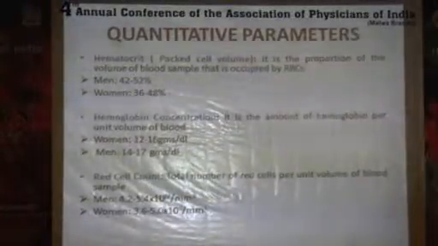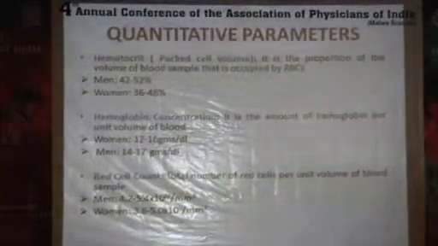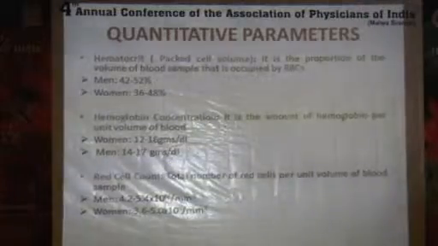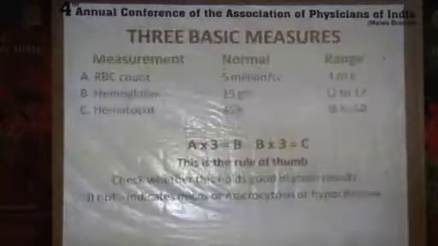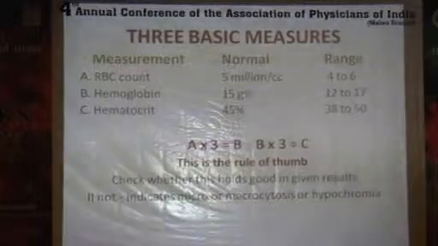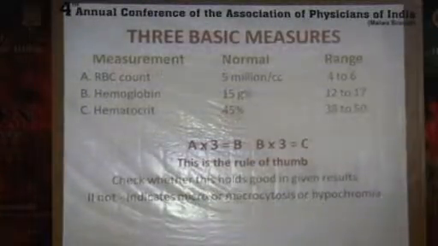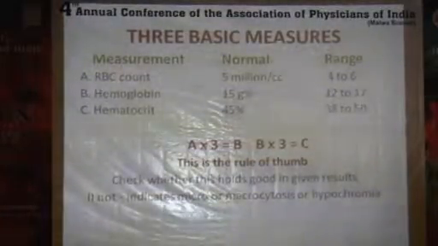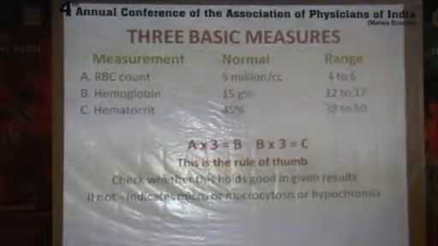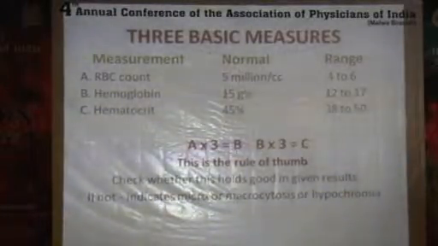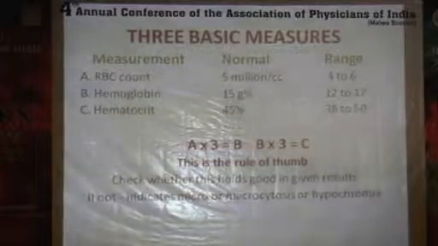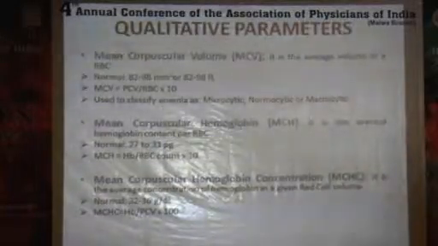And then we have the hemoglobin and the red cell count. Red cell count, you know, is generally around 5 million per cubic millimeter. This is just to show you that we have a very rough formula to equate this. If you multiply the RBC count by 3, you get the hemoglobin. And if you multiply the hemoglobin by 3, you get the hematocrit. This is just a formula.